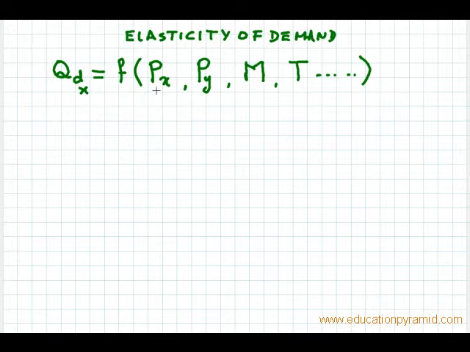When we are studying the sensitivity of quantity demanded due to price, it is called price elasticity of demand, or it is the degree of responsiveness of quantity demanded due to change in price. Likewise, we have different degrees of responsiveness due to all other factors.